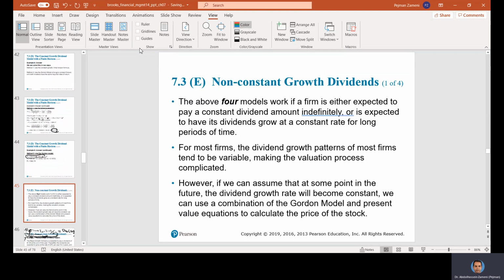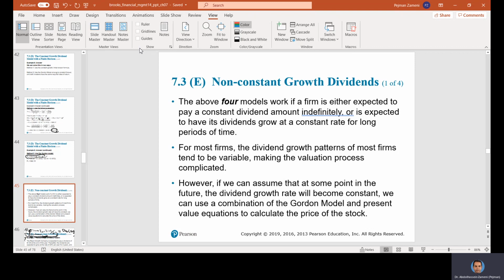Okay, but what if the dividend that we are paying keeps changing, is not fixed, and the growth rate is not fixed? For some years there is a growth in the dividend, in some years there is a decline in the dividend, in some years no dividend, all these things. What to do? Non-constant growth dividends. The above four models work if a firm is expected to pay a constant dividend amount indefinitely, or is expected to have its dividend grow at a constant rate for long periods of time.